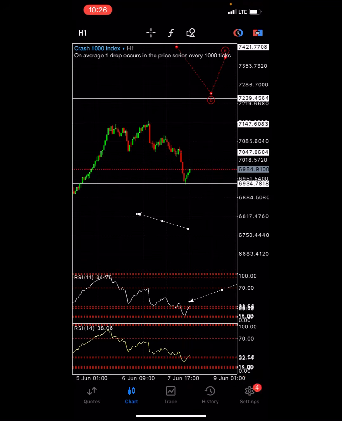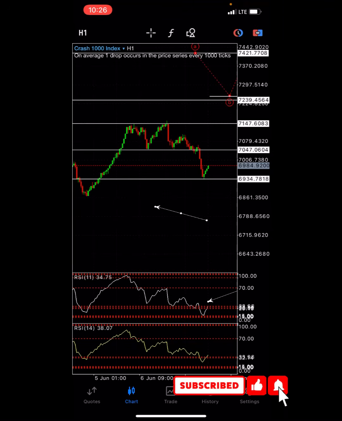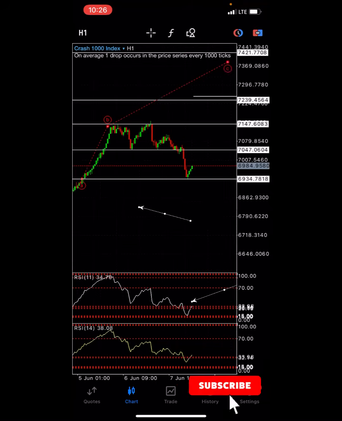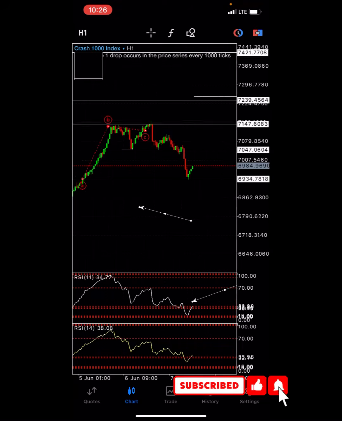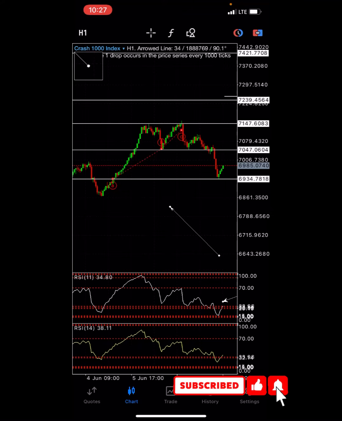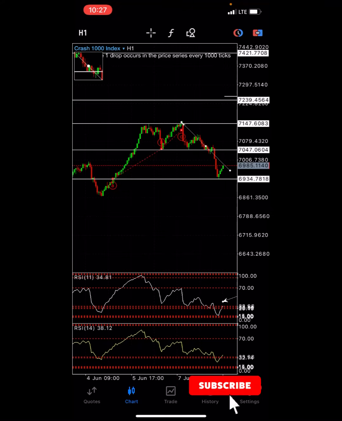let's say for instance, if I wanted to catch a sniper entry around here, how would I have caught this sniper entry using the buy limit and sell limit strategy?